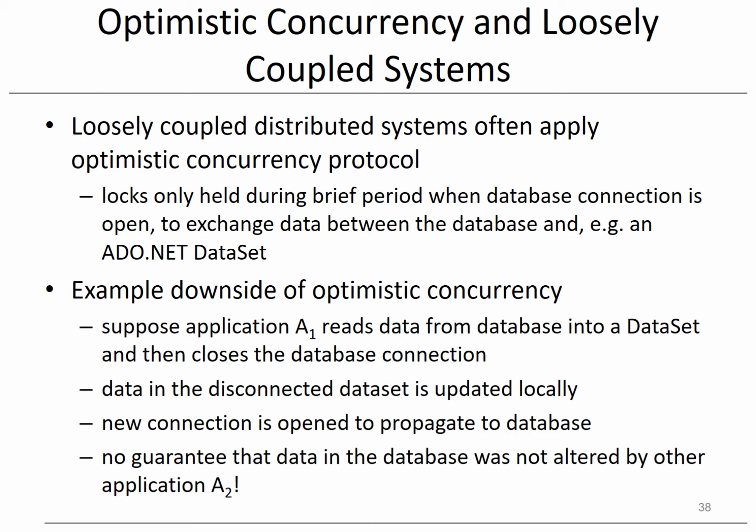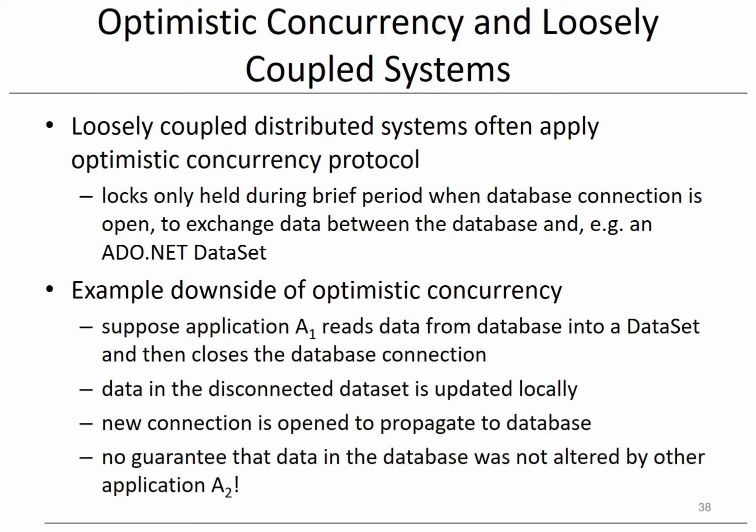For example, suppose application A1 reads data from a database into a dataset and then closes the database connection. After that, the data in the disconnected dataset can be processed and possibly updated locally. If these updates are to be propagated to the database afterward, a new connection is opened, again only for the brief time of the data exchange.